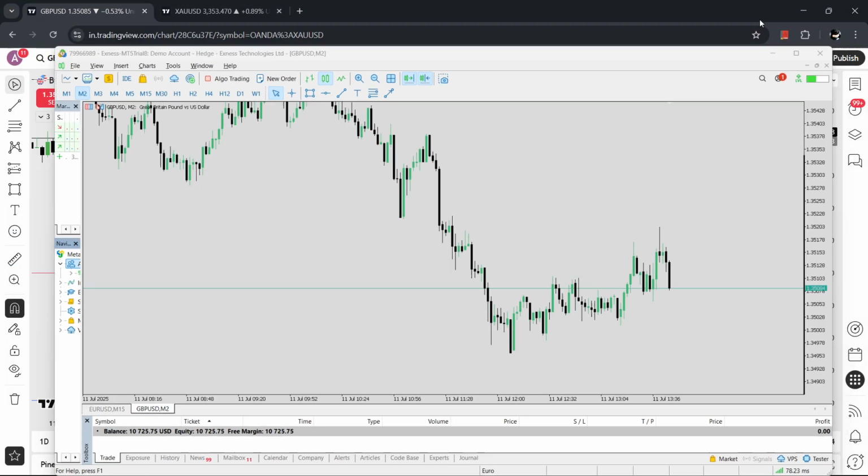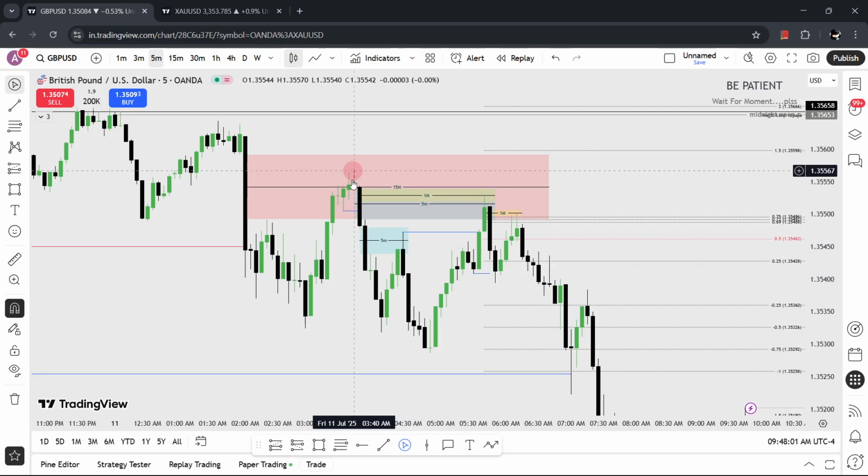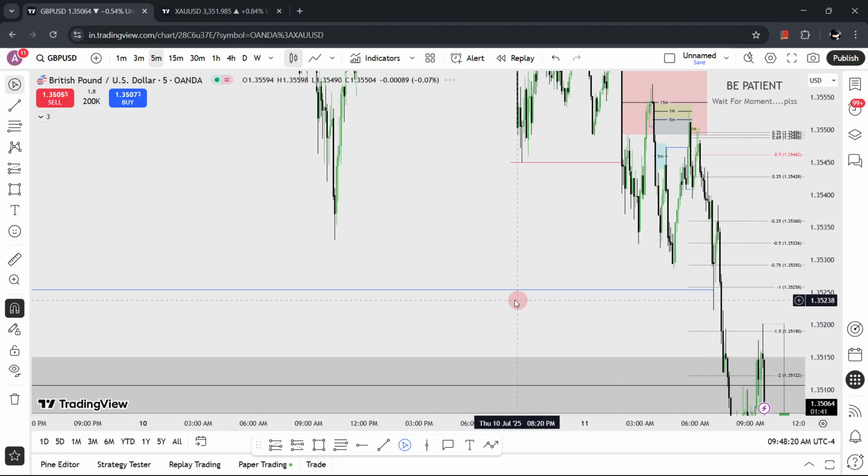So just going back, I entered on this. It went to this 50-percent level of this pink fair value gap, and this low was taken. You can use this as a structure shift. This was only a liquidity sweep, so our target was still not taken.